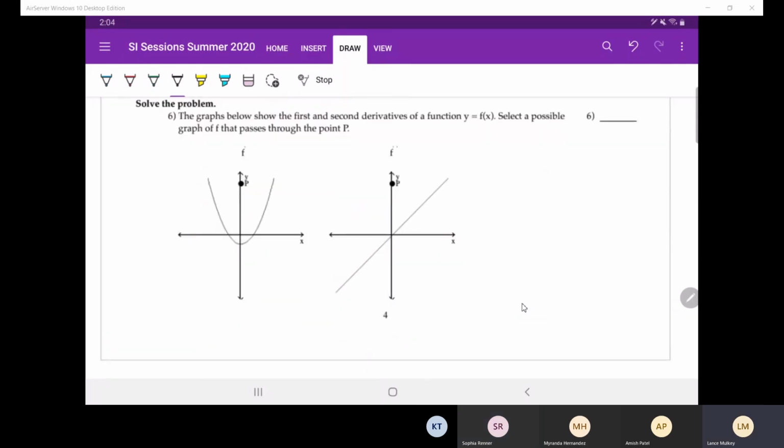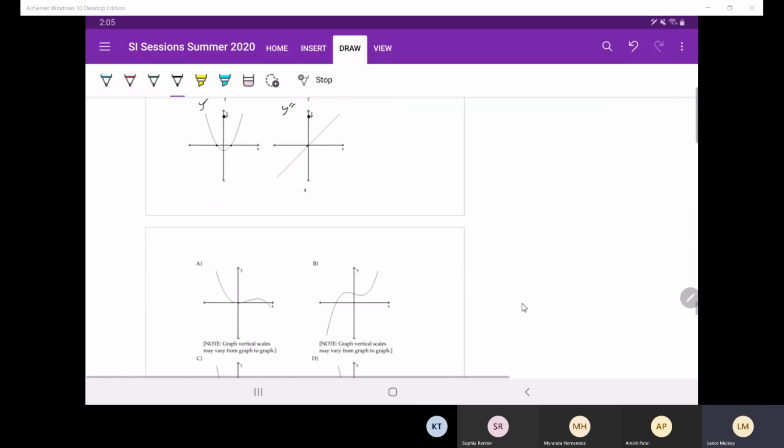So now that we know this is the first derivative, and this is the second derivative. We know it's concave down until it gets to 0, then it's concave up, and we know it's increasing until it gets to this point, and it's decreasing between these 2 points right here. So let's zoom out.